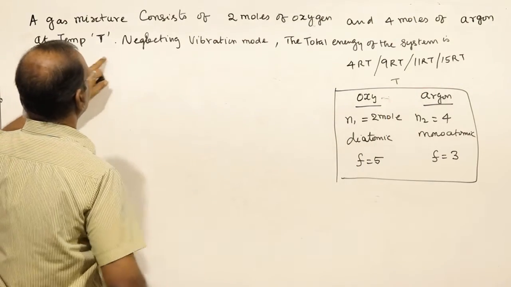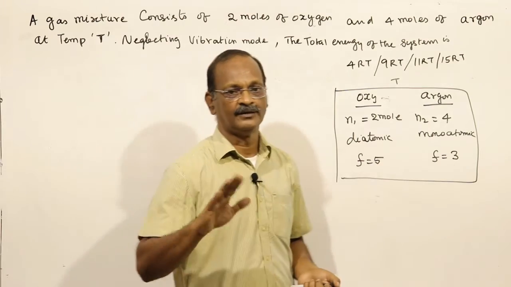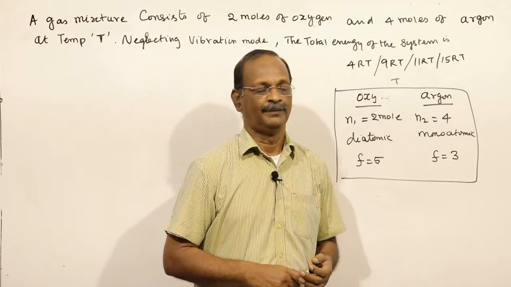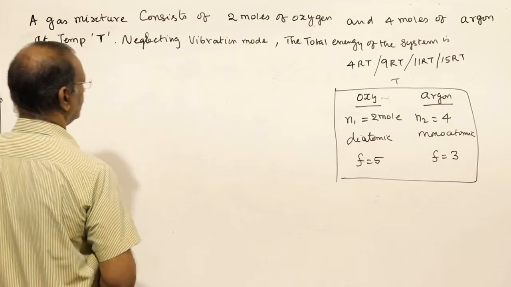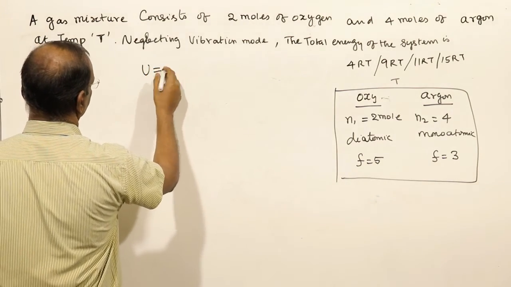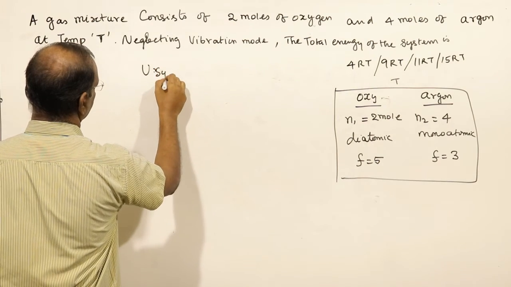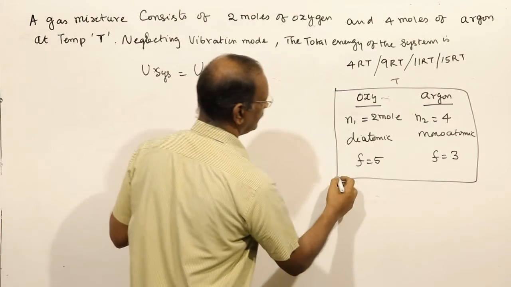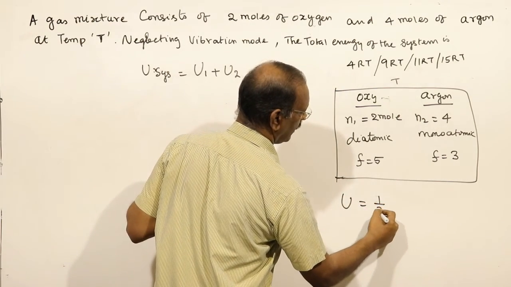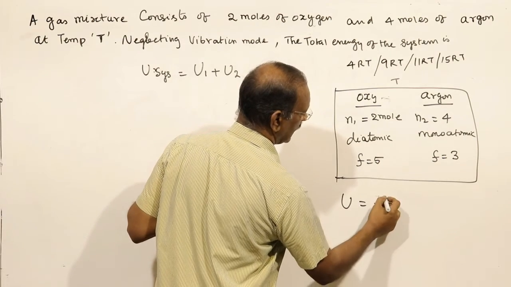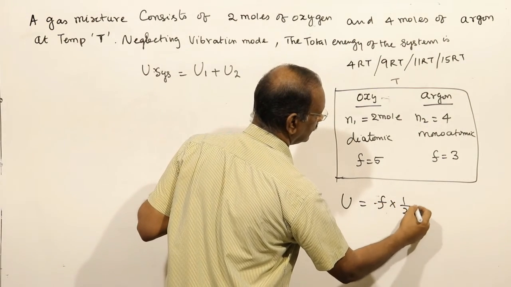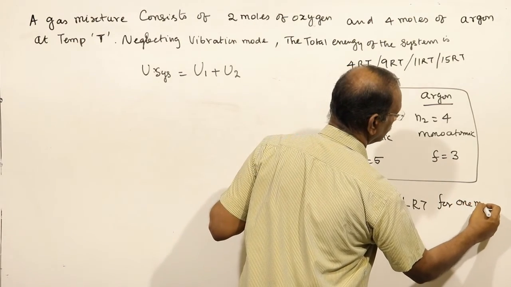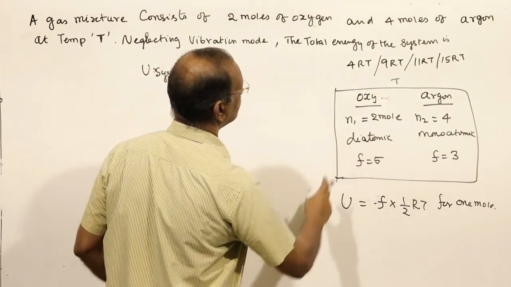Neglecting the vibrational mode, we need not worry about the vibrational mode, which has 2 degrees of freedom per vibration. So the total energy of the system is equal to the energy of oxygen plus the energy of argon. We have already seen the energy for 1 mole is equal to F into half into R into T. This is for 1 mole. Oxygen has 2 moles.